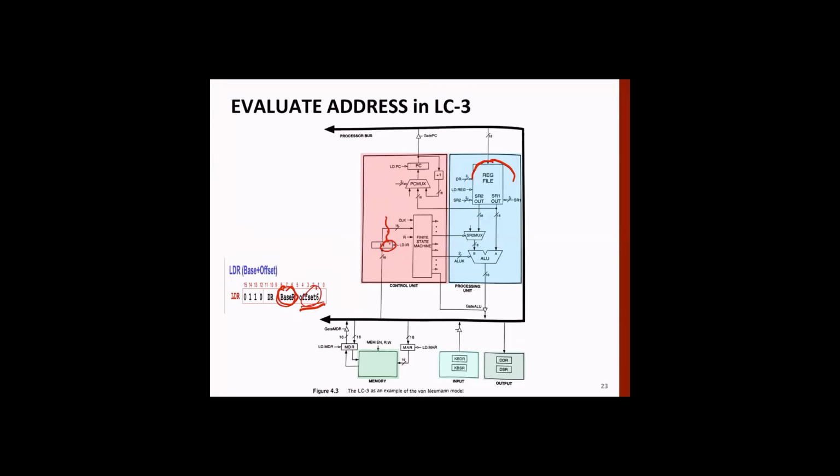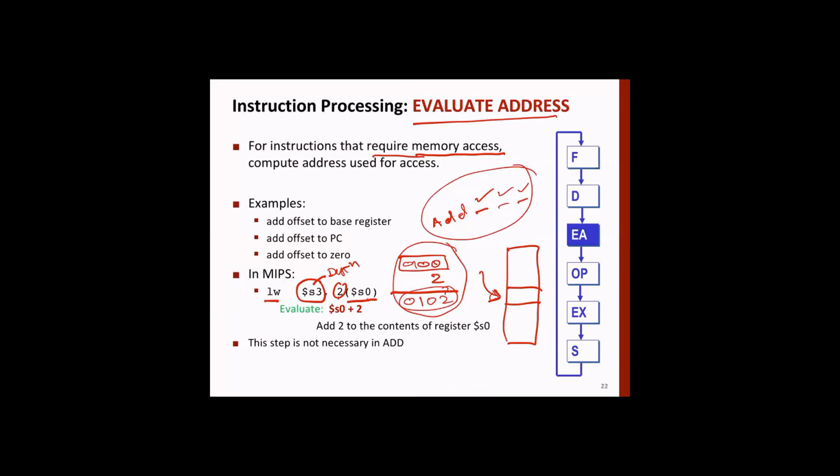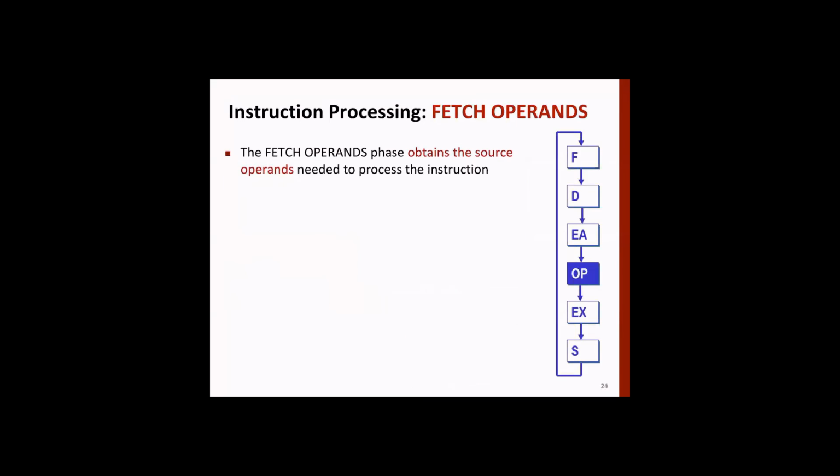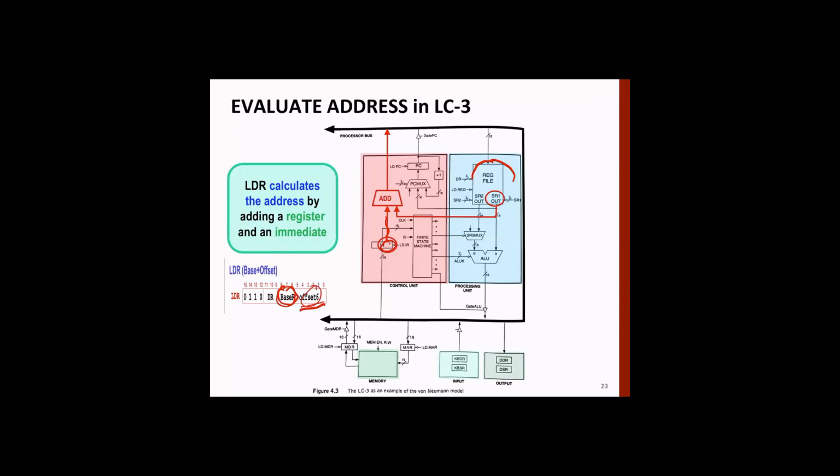So we evaluate the address from where we have to fetch the operand. We have already calculated the address in the previous slide, and then we have to get the operand from that particular location. To calculate the address, we add the offset value to the register value, and the output has to go onto the bus. That's the responsibility of this step.